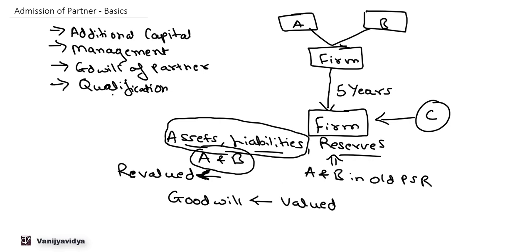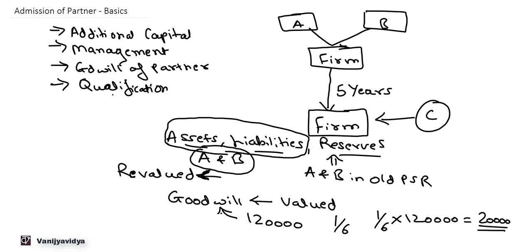So C has to compensate for his share of profit for the goodwill. Say the goodwill of the firm is 1,20,000 and C's share is 1/6. So C has to compensate 1/6 of 1,20,000. So that comes to 20,000.